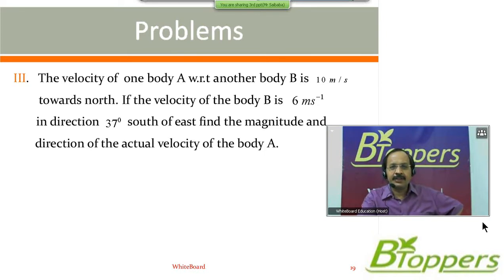You are given the relative velocity of the body A with respect to the body B as 10 meter per second towards north. And next you are given the velocity of second body B as 6 meter per second in the direction 37 degrees south of east. You have to find the magnitude and direction of the actual velocity of the body A.